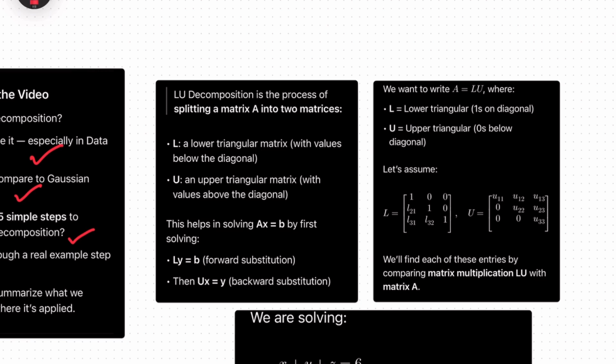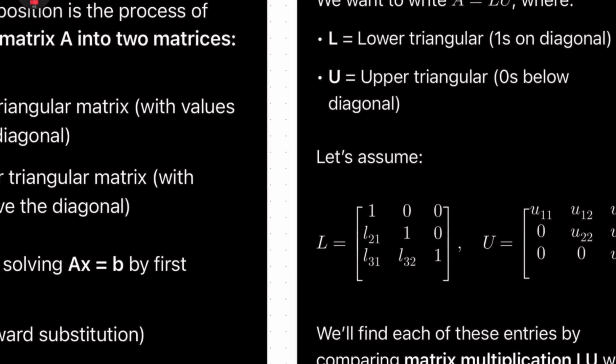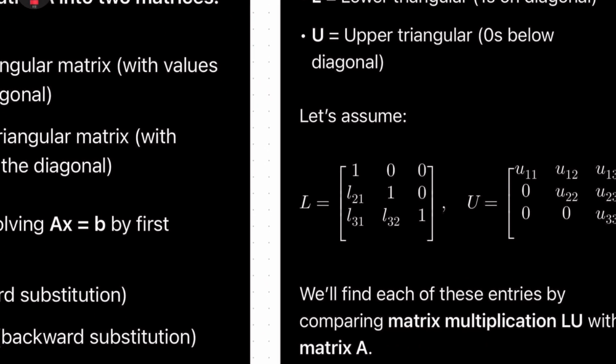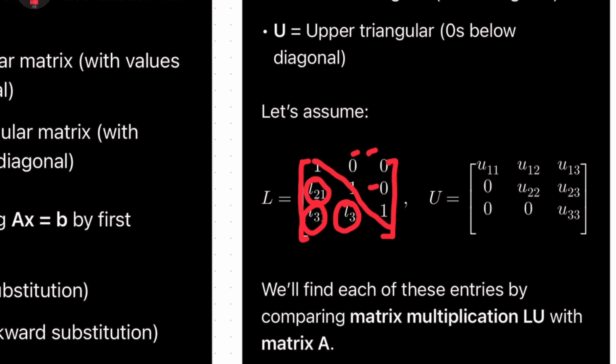Okay, now what is LU decomposition? We have seen that matrix decomposition is used for solving the equation, optimizing the computation, and analyzing the data. In LU decomposition specifically, we are splitting the matrix into 2 triangular matrices. One is the lower triangular matrix, with values below the diagonal, so values above the diagonal will be 0.